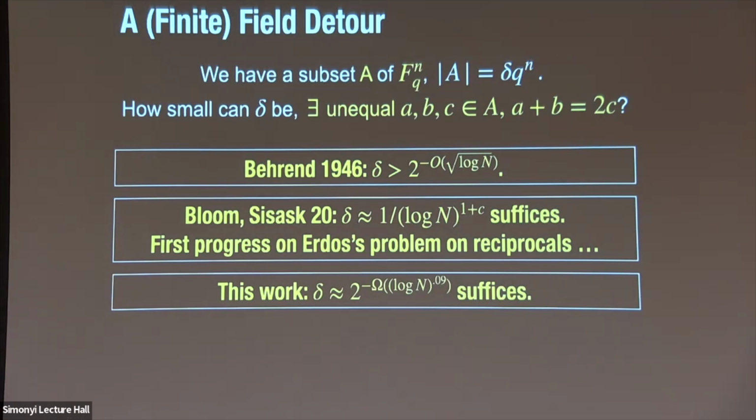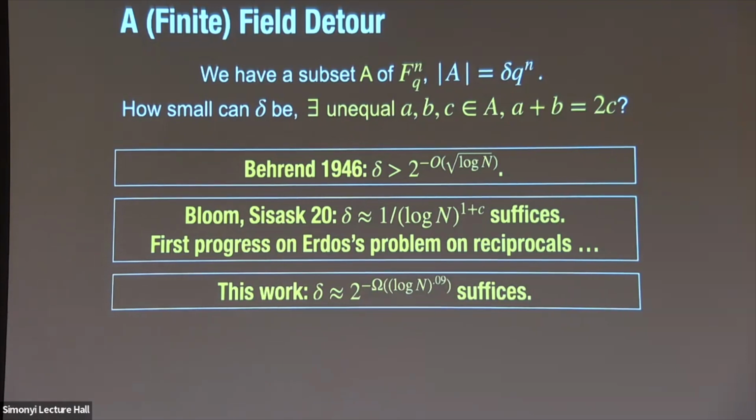We can look for this not just over integers, but we can also ask this over any finite group. In this case, I'm just going to ask it over finite fields. So let's say I have now a subset A of F_q to the n. The density is delta. How small can delta be such that I can find three distinct elements, a, b, c, from our set A, such that a plus b equals 2c?